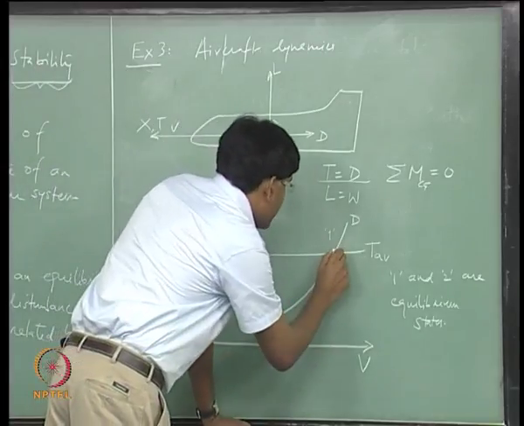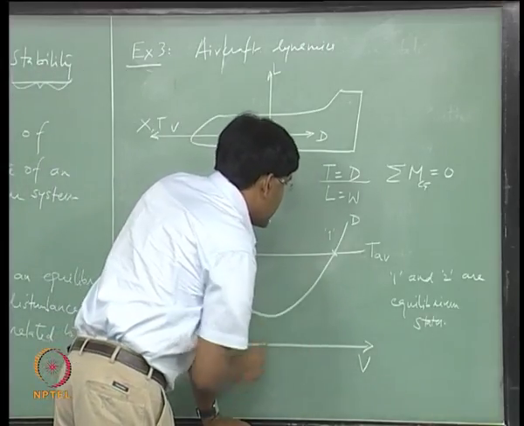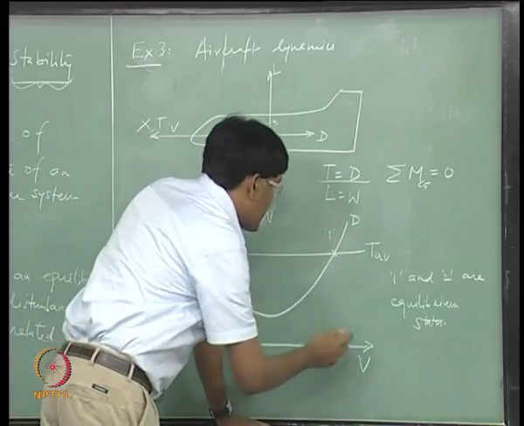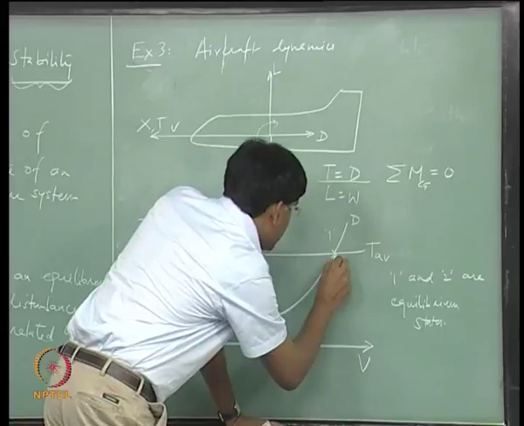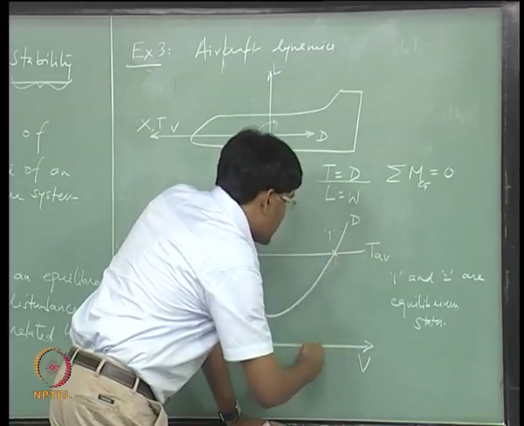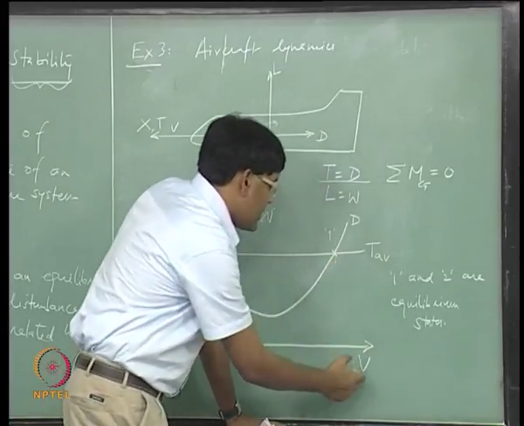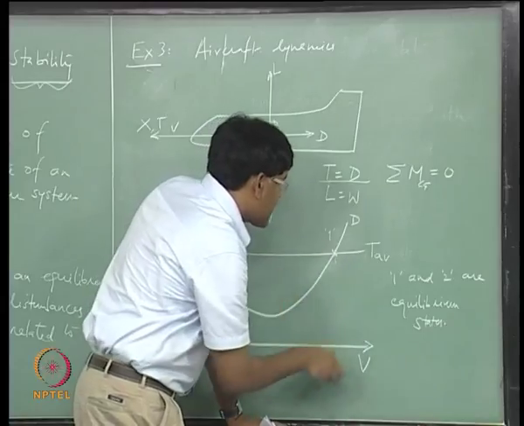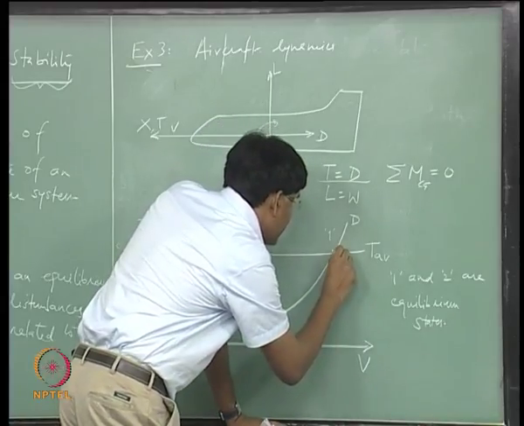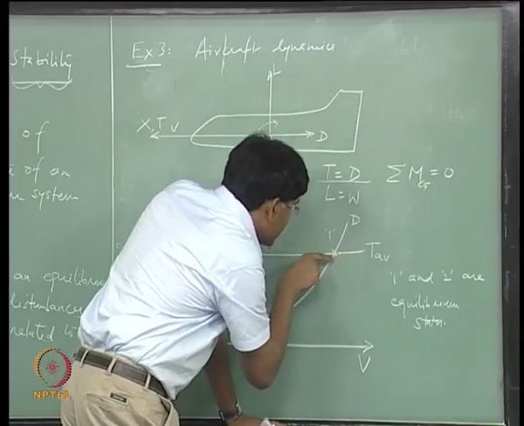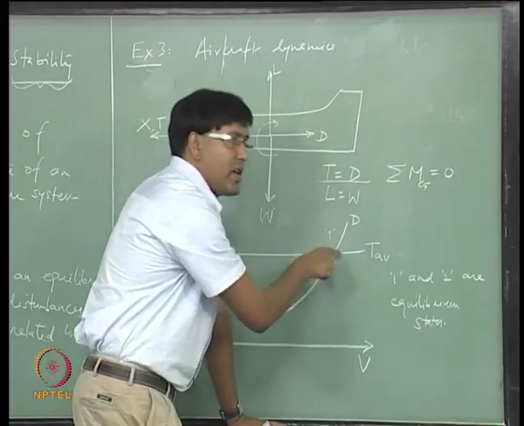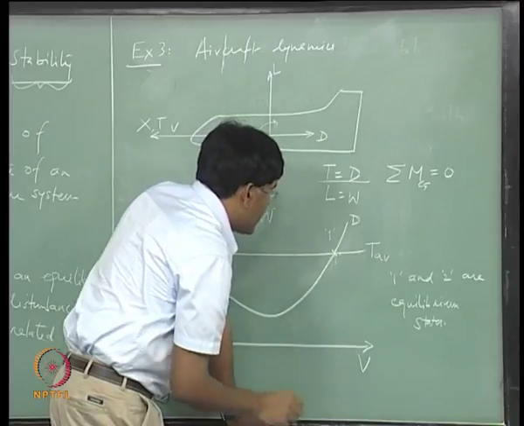So, let us look at what is happening to this equilibrium state. Let us say there is a disturbance which is causing a change in speed from this equilibrium state. So, now aircraft speed has increased to this point from this equilibrium state.